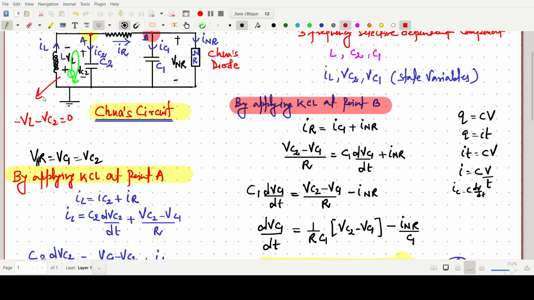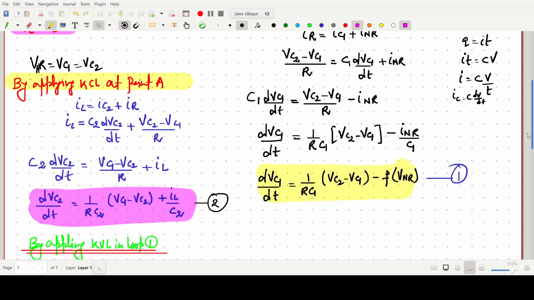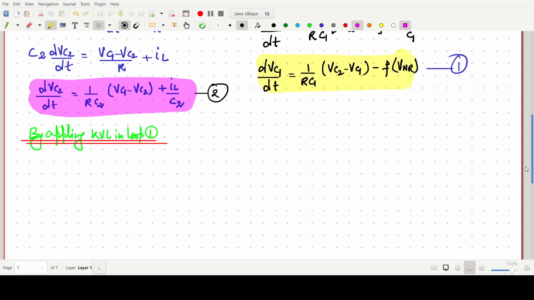By applying KVL in this loop, it will give minus VL minus VC2 equals to 0. So we can say VC2 equals to minus VL.